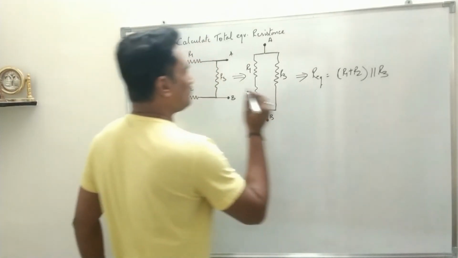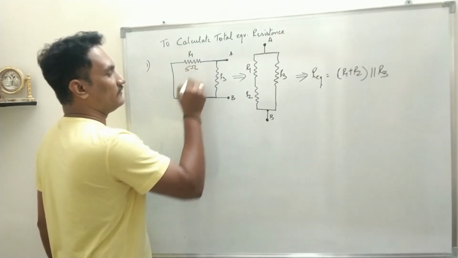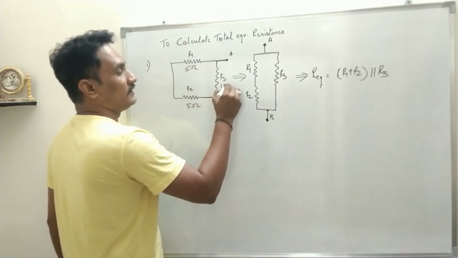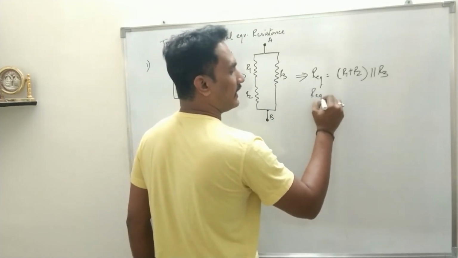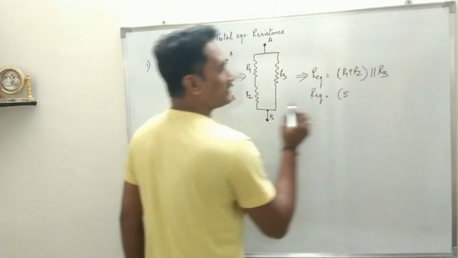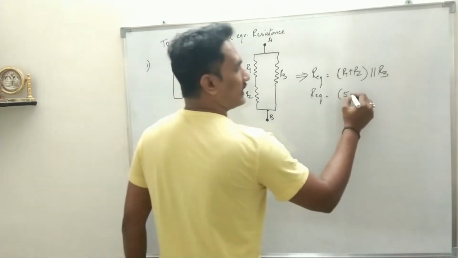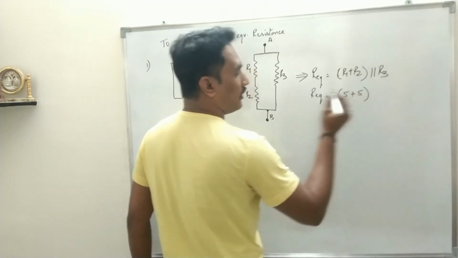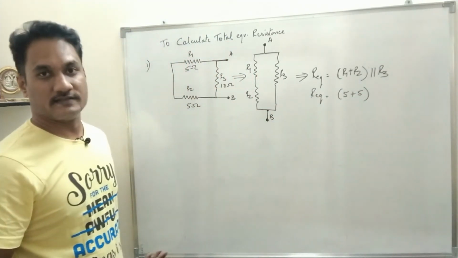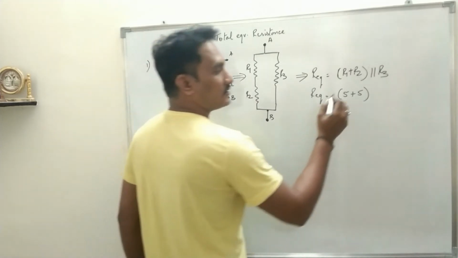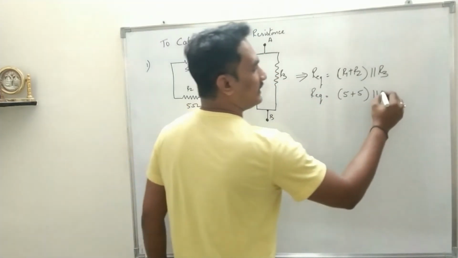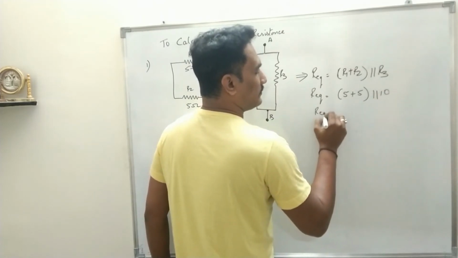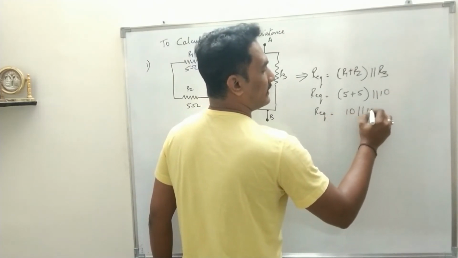So say the values of resistance are 5 ohms, 5 ohms, 10 ohms. Now substitute the values. What will be R equivalent? R1 is 5 ohms plus R2 is 5 ohms. All are in ohms, you don't have to change the values. So 5 plus 5 parallel R3, which is 10. So R equivalent is 10 parallel 10.